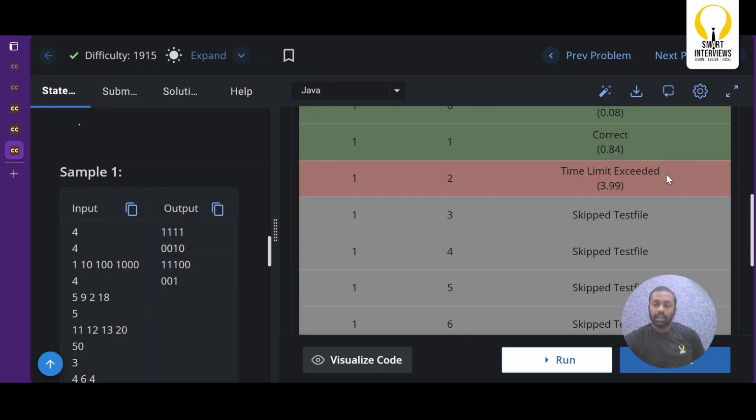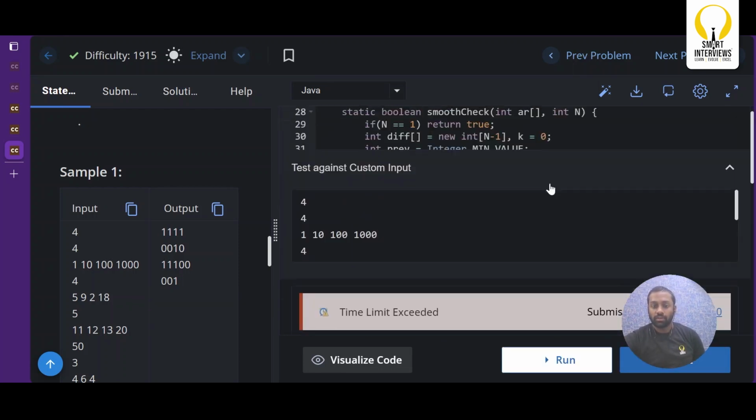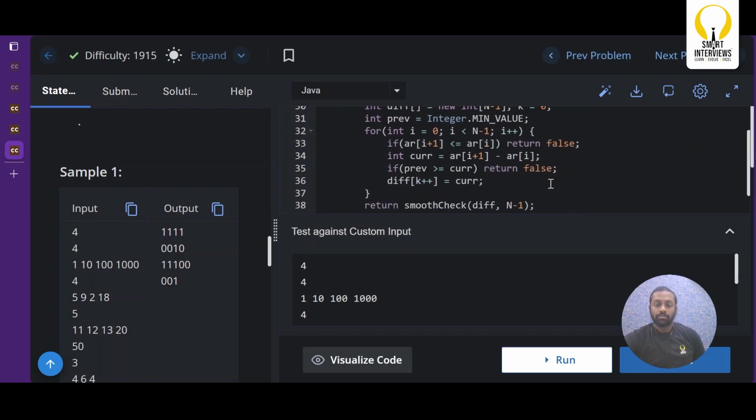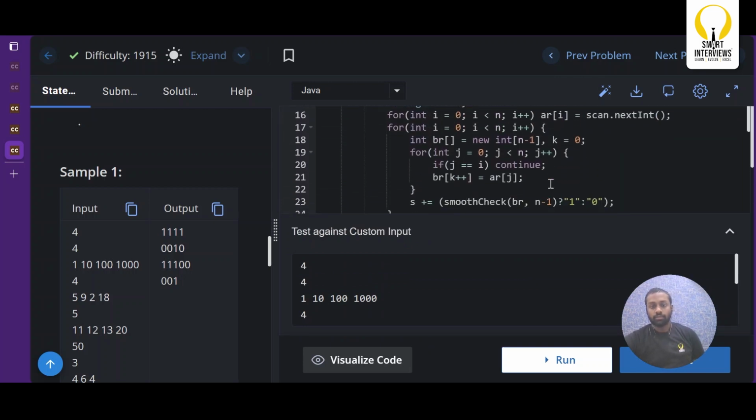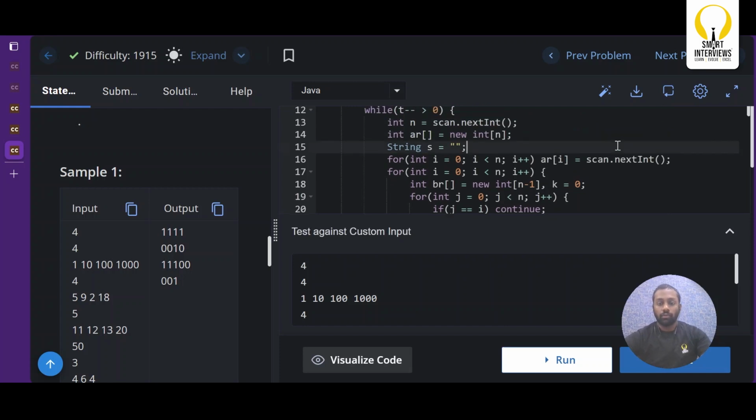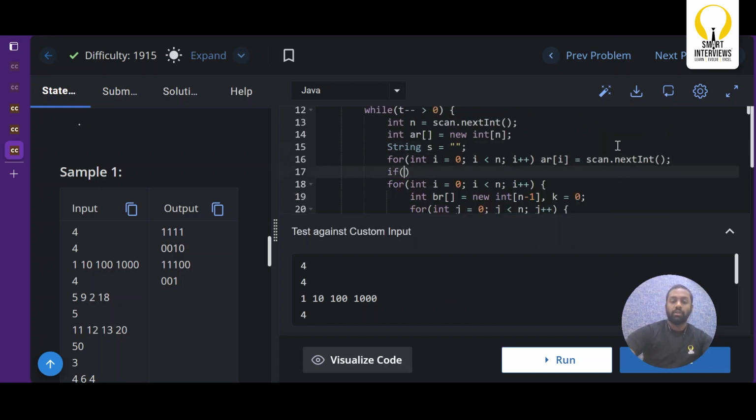It gave us time limit exceeded, obviously because of our time complexity exceeding the limit. So how can I avoid that? Well, I can avoid that from happening by checking if n is greater than or equal to 31.